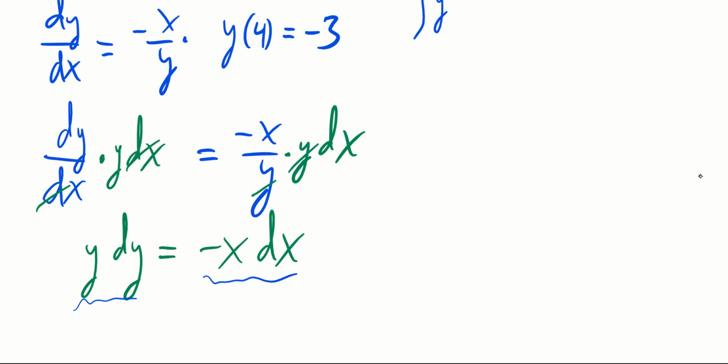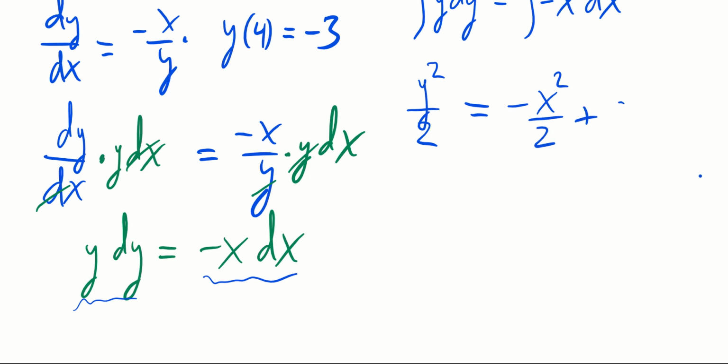We're going to have the integral of y dy. It's going to be equal to the integral of negative x dx. This is going to be equal to classic power rule, add 1 to the power, divide by the new power, equals over here. Again, add 1 to the power, divide by the new power, and lest we forget, we also have the constant of integration.